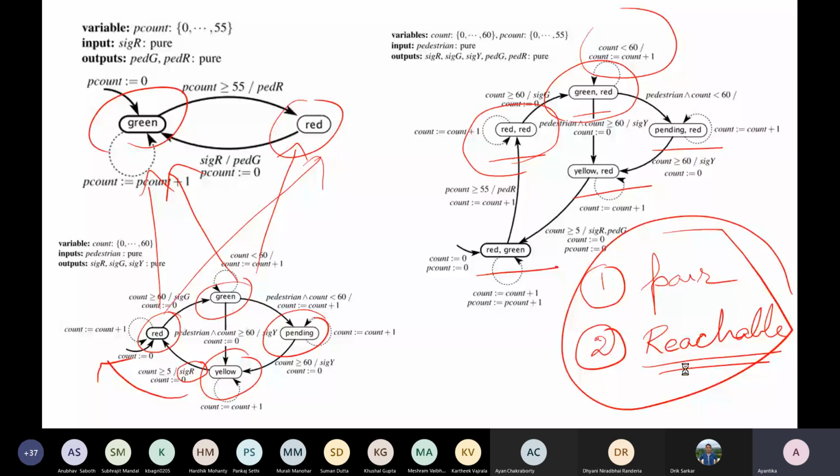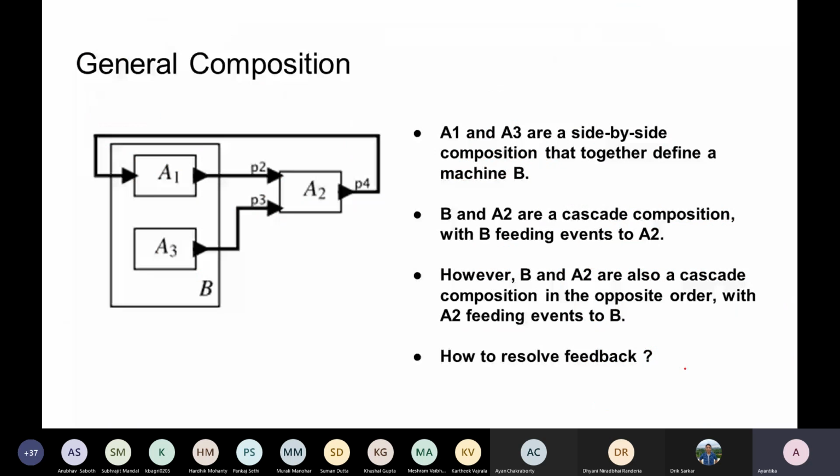So whatever we have discussed, this is the summary. In general, whenever we are going to arrange our specifications, there may be two things. Maybe some side-by-side decomposition, which may be synchronous or asynchronous.